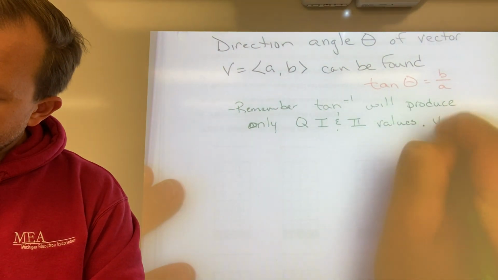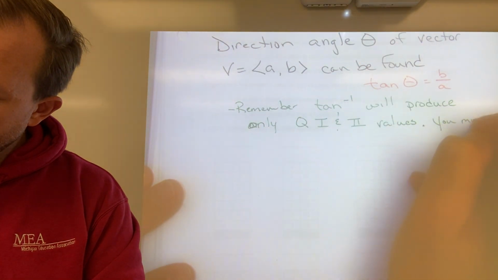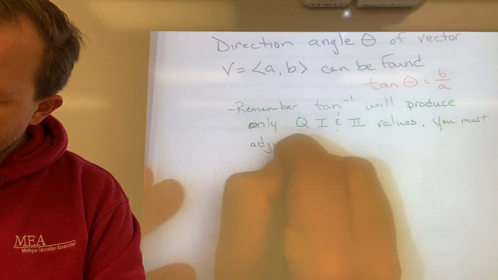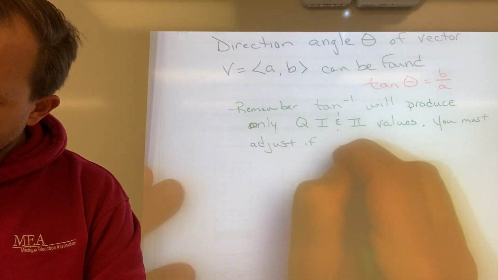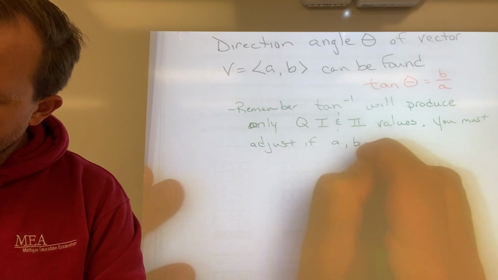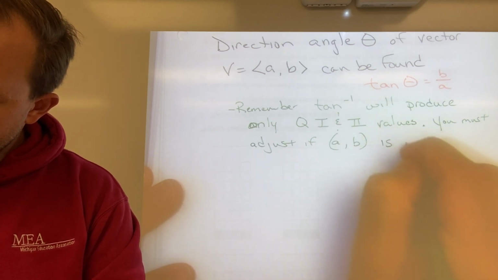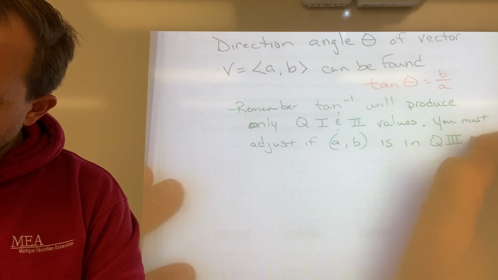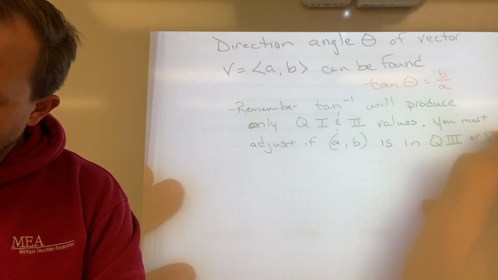So you must adjust if A comma B is in quadrant 3 or 4.